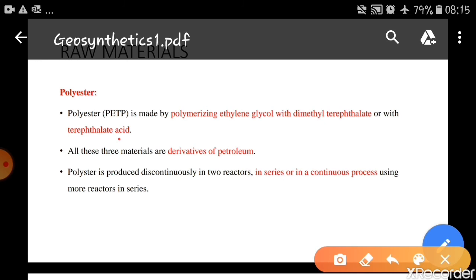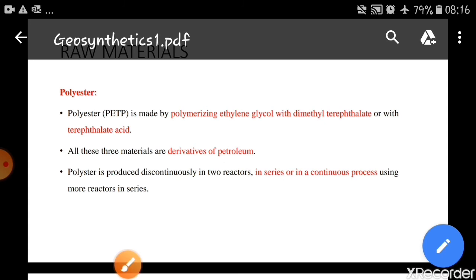All these three materials are derivatives of petroleum. As I've said above, geosynthetic materials are products of petroleum. Polyester is produced discontinuously in two reactors in series, or in a continuous process using more reactors in series. So this is called polyester.